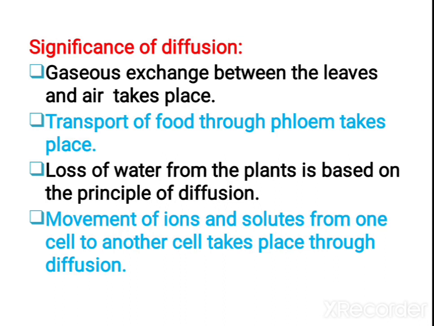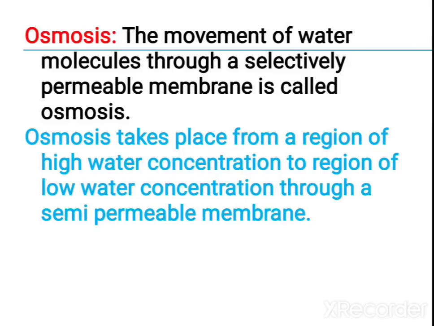And apart from that, the transport of food through phloem. Xylem and phloem are two structures. Phloem transports food. Then loss of water from the plants is also based on the principle of diffusion. The movement of ions and solutes from one cell to another cell also takes place by diffusion.